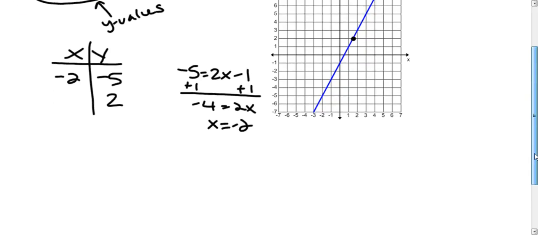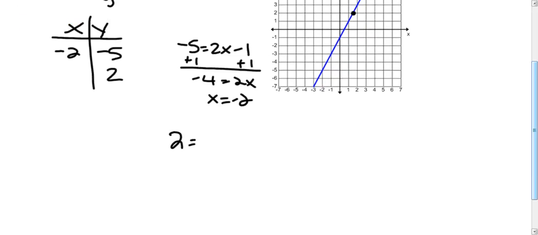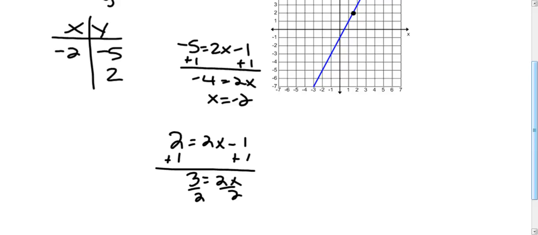I'm going to go like this. 2 equals 2x minus 1, add 1. 3 equals 2x, divide by 2, and x is 3/2, or 1 1/2. Which you can kind of see from the graph too, except we would be estimating that.